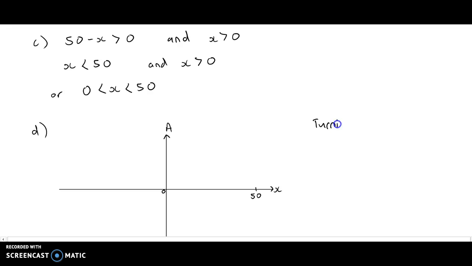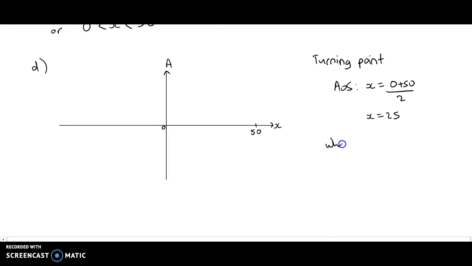Let's go ahead before we sketch this and find our turning point. So hopefully you're getting confident with this process. Now to find the turning point, find our axis of symmetry first. The axis of symmetry will lie halfway between our x-intercepts. So these are our x-intercepts here, 0 and 50. So axis of symmetry will be x equals 0 plus 50 over 2, which equals 25.